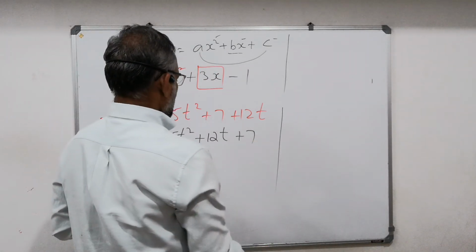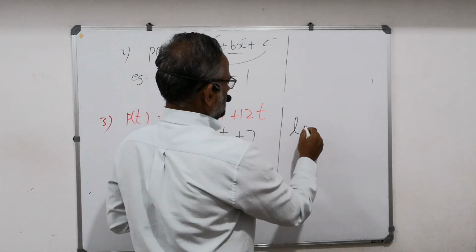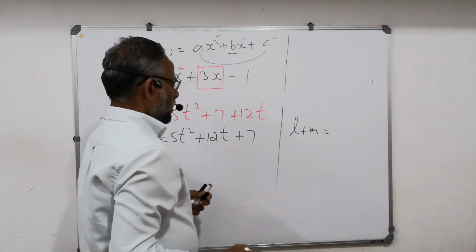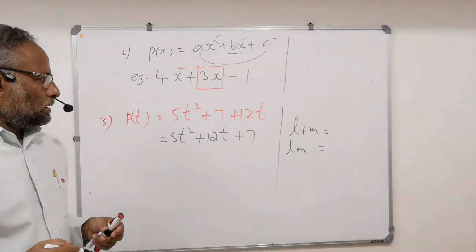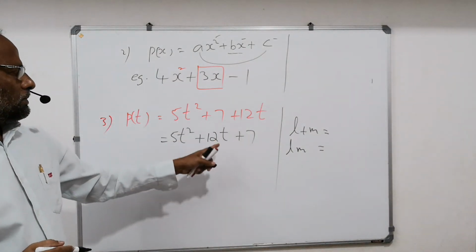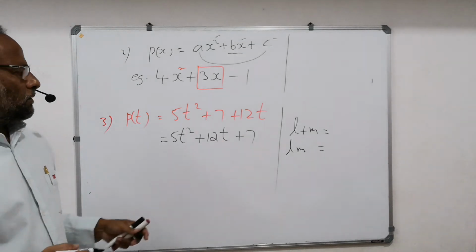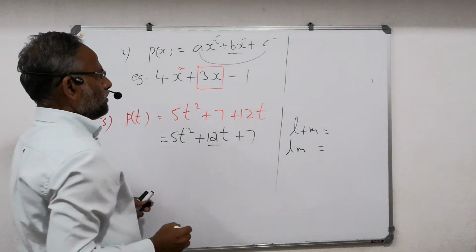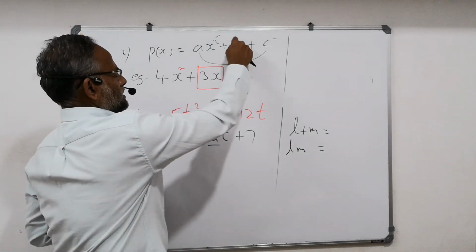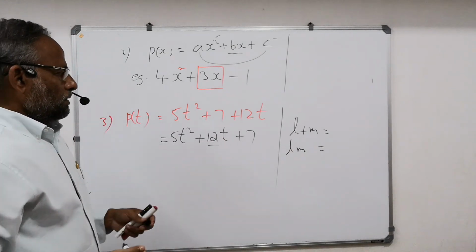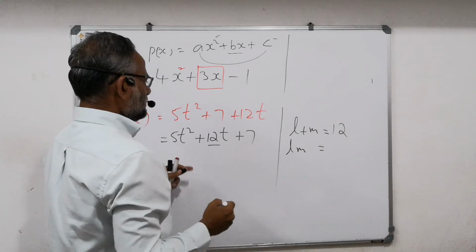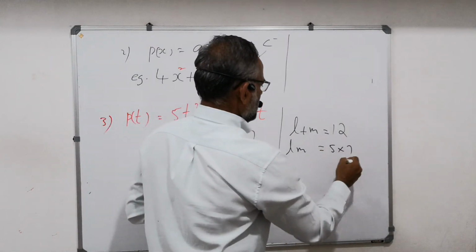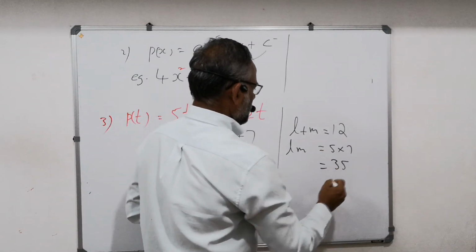Now tell me, what is l plus m? What is l into m? Okay, l plus m is the coefficient of the t term, coefficient of t. So l plus m is 12. Then lm is 5 into 7, that is 35.